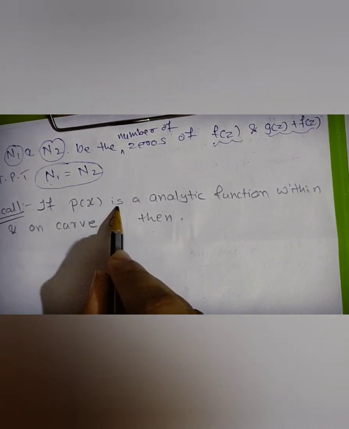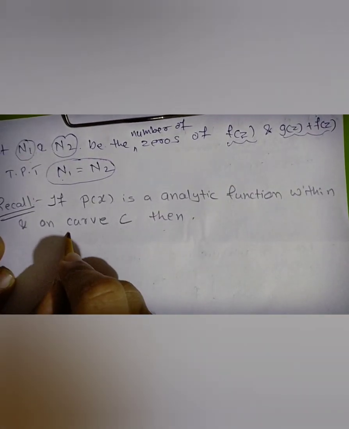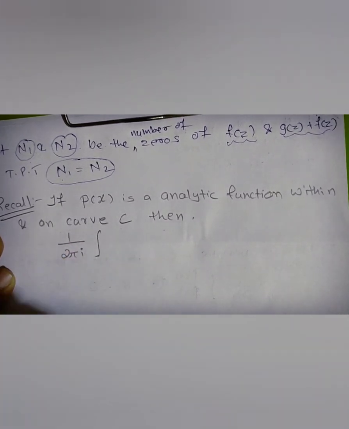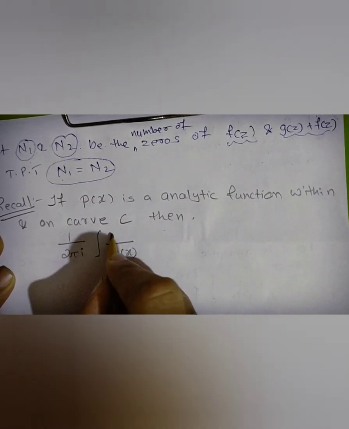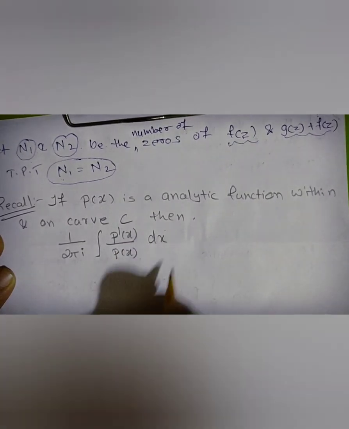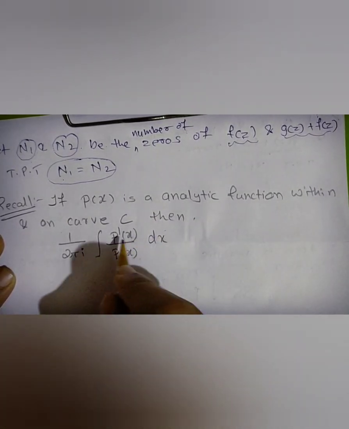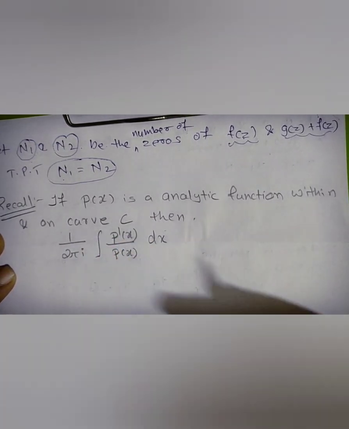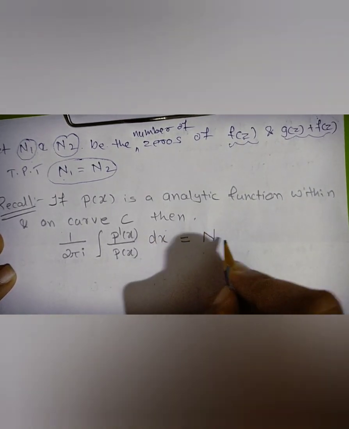If p of x is an analytic function within and on curve C, then 1 upon 2 pi i times the integration of p dash x over p of x, dz, or else we can take dx as well, since the functions are in x, this will be equal to n minus p.